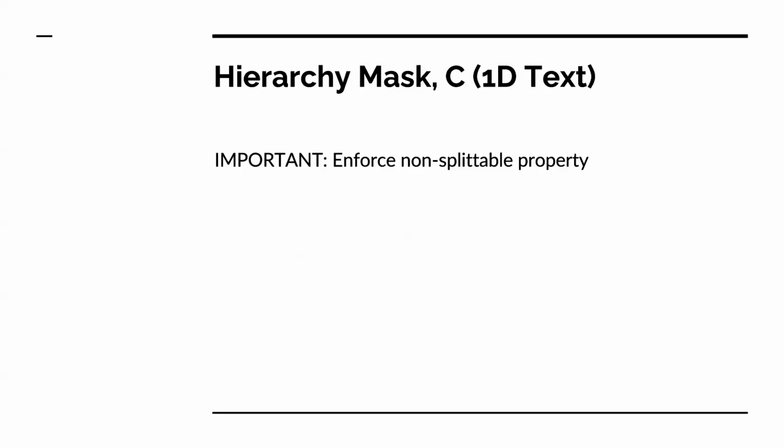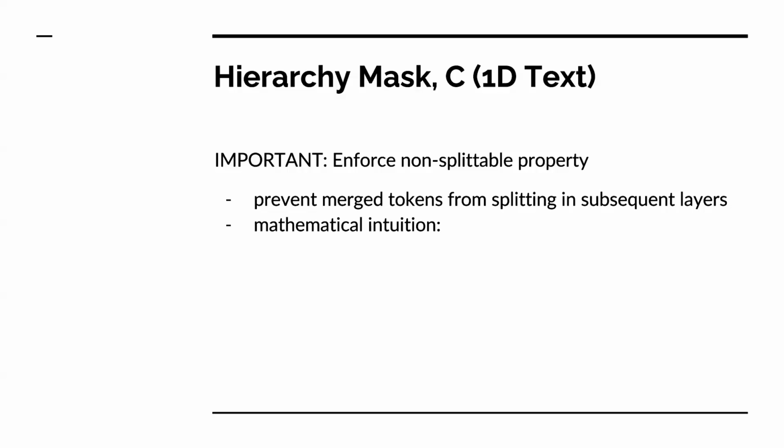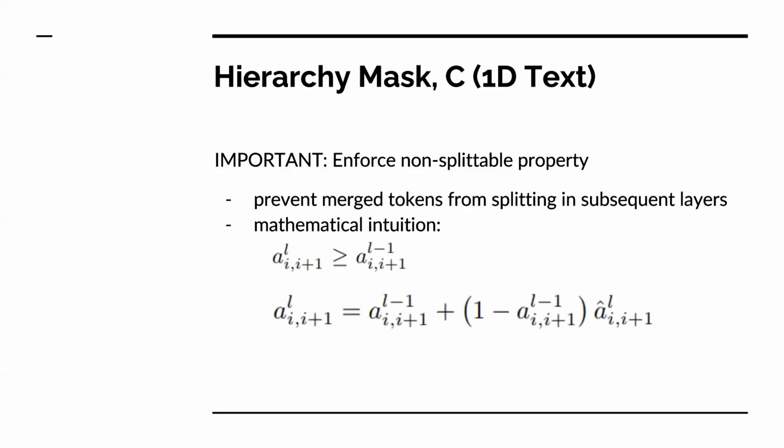And most importantly, to prevent clusters from splitting in subsequent layers as you go up the tree transformer, you want to make sure the affinity values are always higher in subsequent layers. So the way you enforce it is you perform a weighted sum.